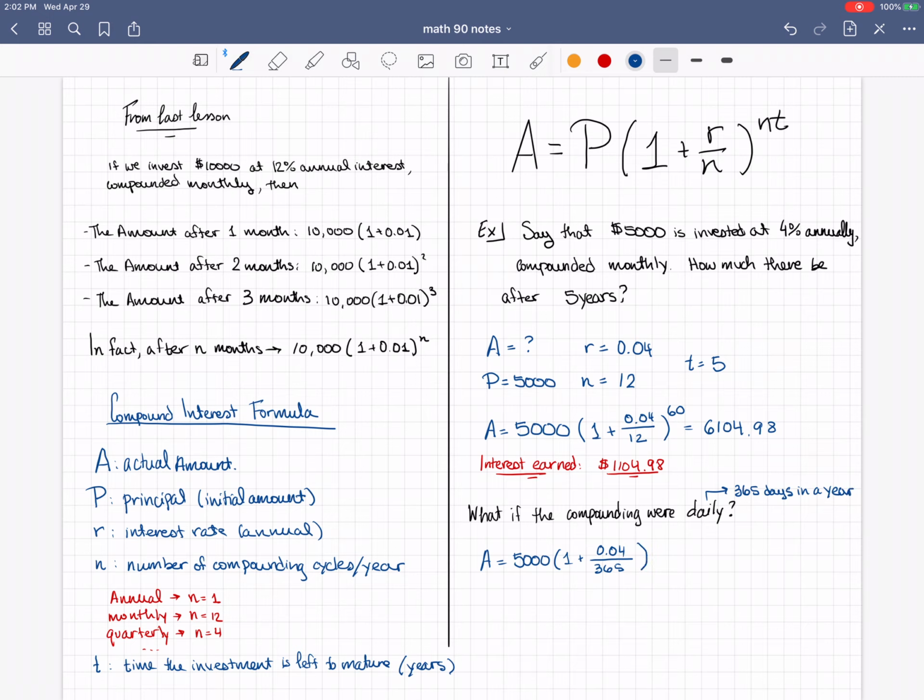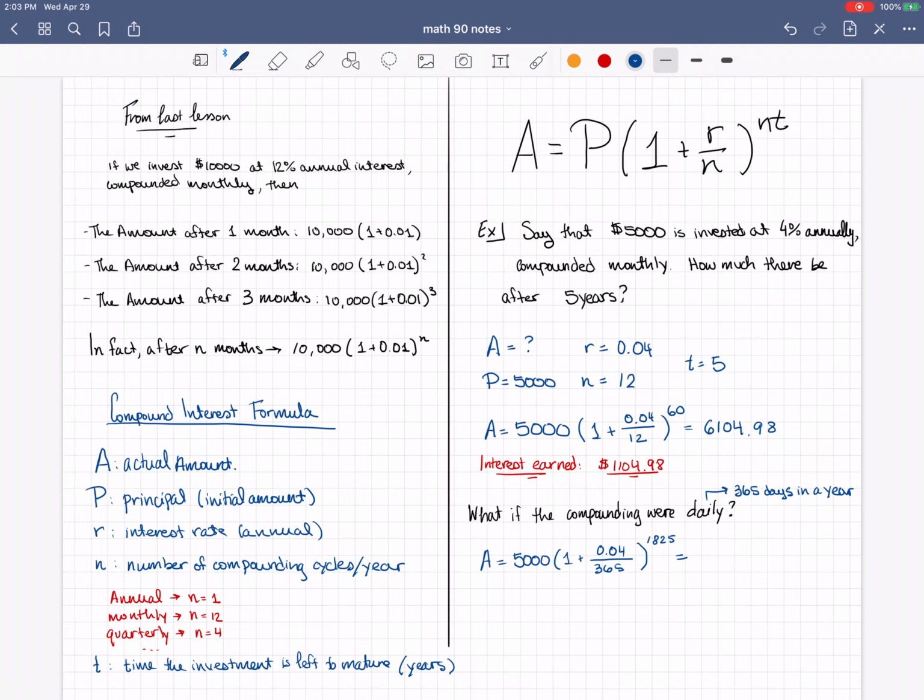And then, of course, here, when we're talking about the total number of compounding cycles, we're no longer talking about the number of months in 5 years. We're talking about the number of days in 5 years. And since there's 365 days in a year, this is 1,825 days. So you're raising to a much, much higher power, but the number you're raising is much, much smaller. So let's see what we get.